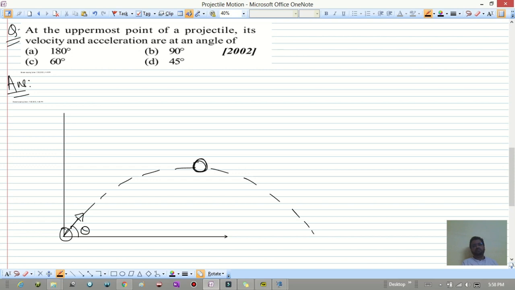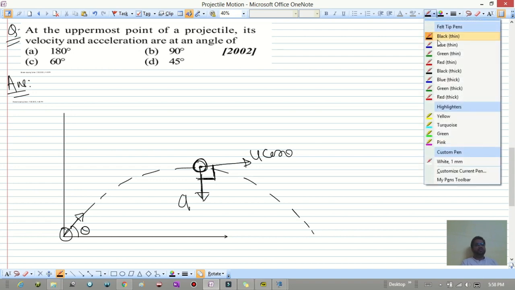At the topmost point, velocity will be only in the horizontal direction, u cos theta, and the acceleration is only the acceleration due to gravity. So what is the angle between this velocity vector and the acceleration vector? As you can see, this is 90 degrees.